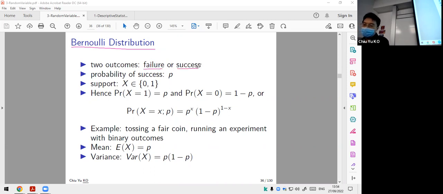And instead of putting 1/2 on each, we call the probability of success P. Success and failure are mutually exclusive: success cannot be failure, and failure cannot be success, so the probability of failure is 1 minus P, because adding them up should be 1, right?